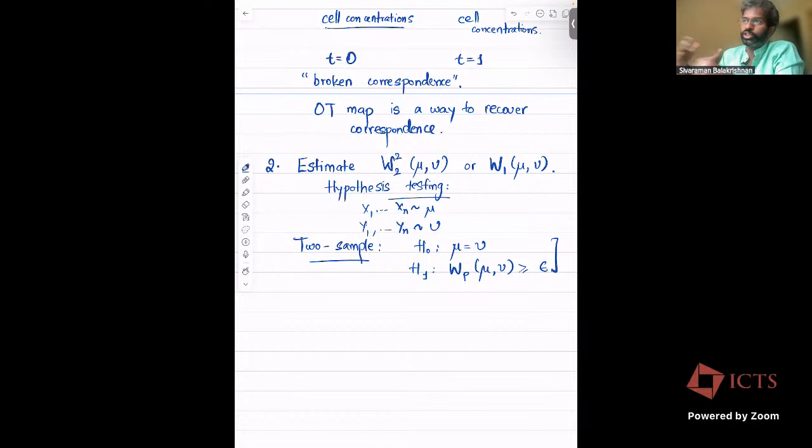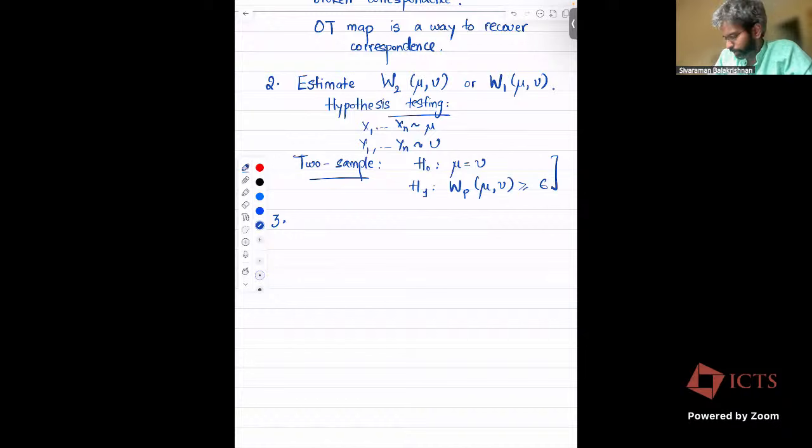Okay, great. The other thing that you could try to do is maybe density estimation. So what's the question here? I give you samples from, let's say there's just one distribution now.